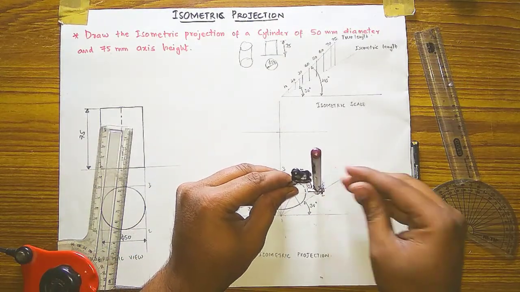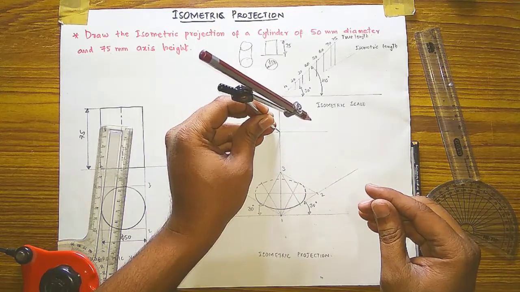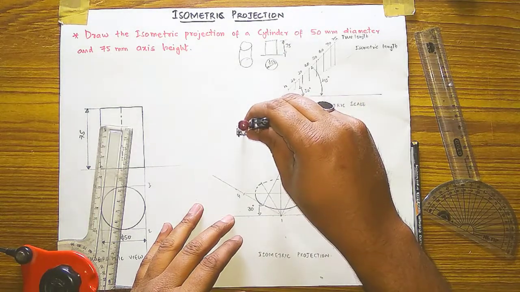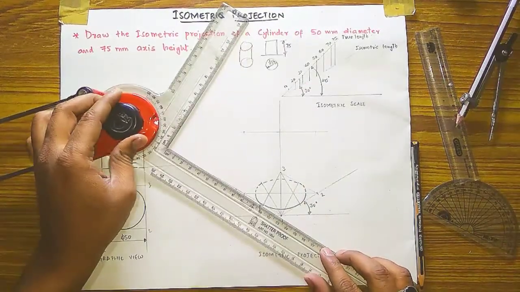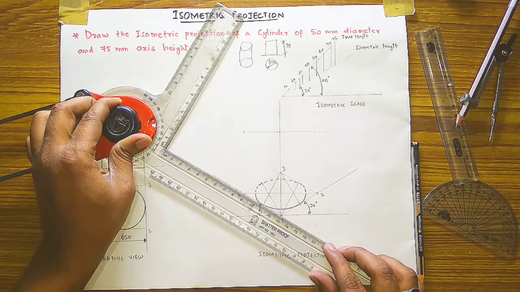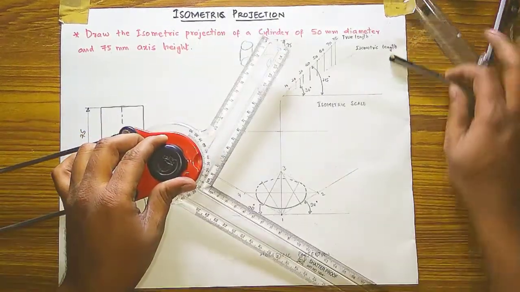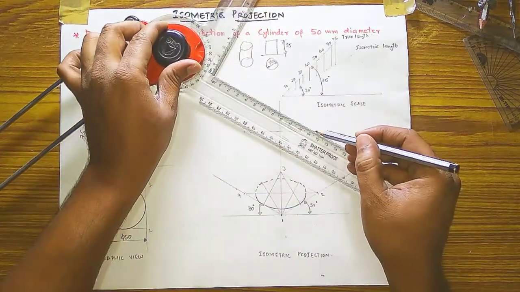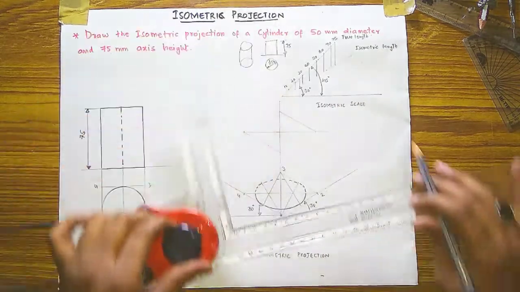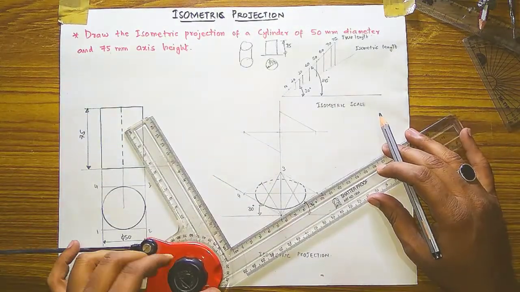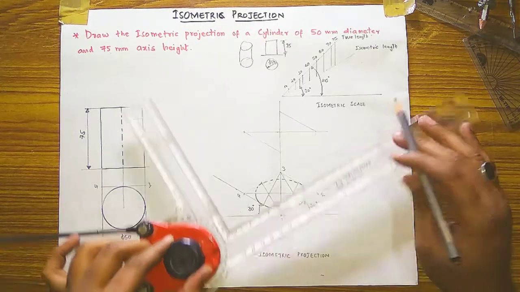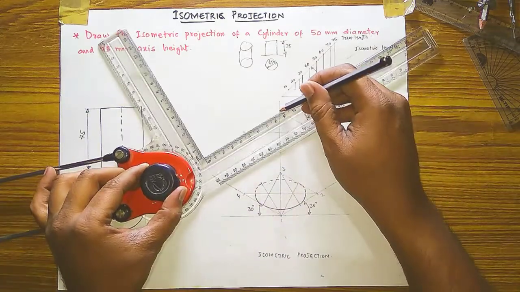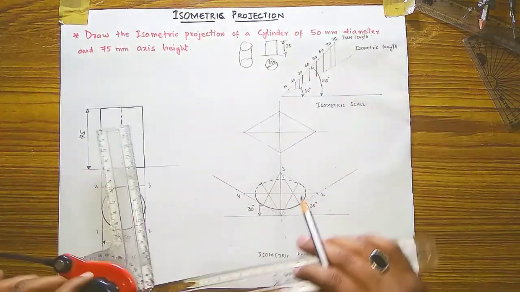I am adjusting this divider till here and keeping from here to here, and from here I am taking a point, and with this angle adjust your mini drafter like this and draw a line from that point till this line, and from here you have to take upside like this and adjusting to this angle, drawing the line from this and there, and the rhombus is created.